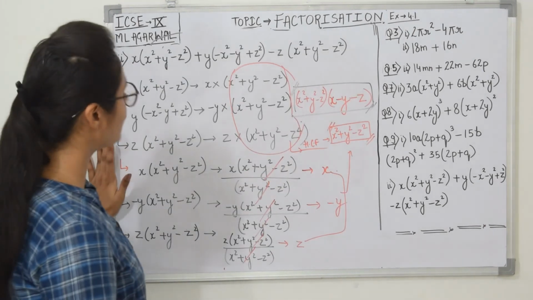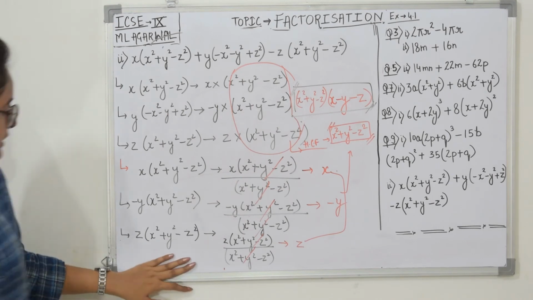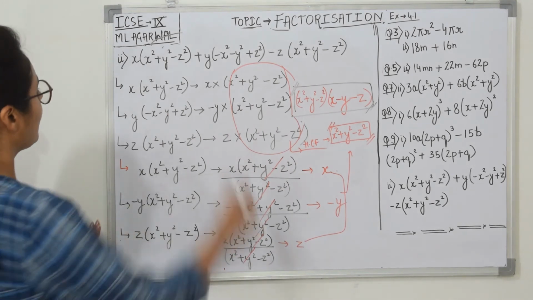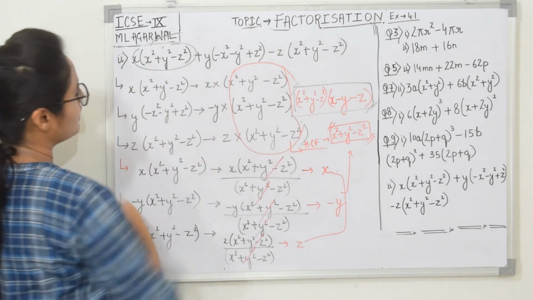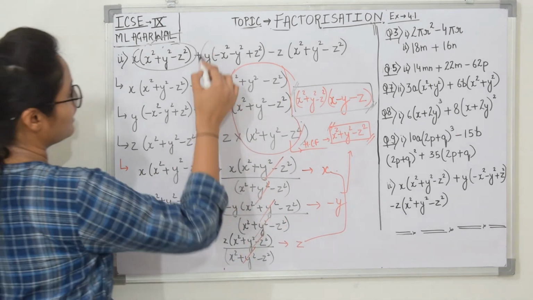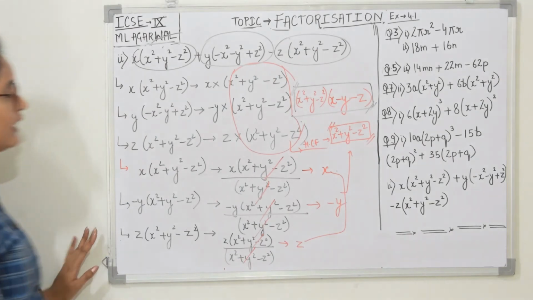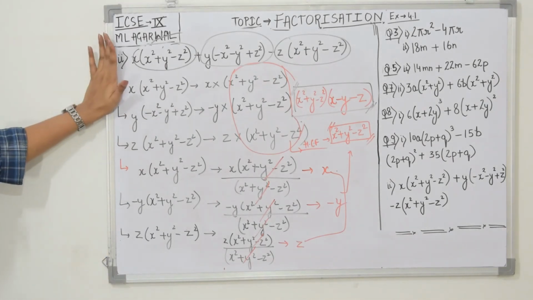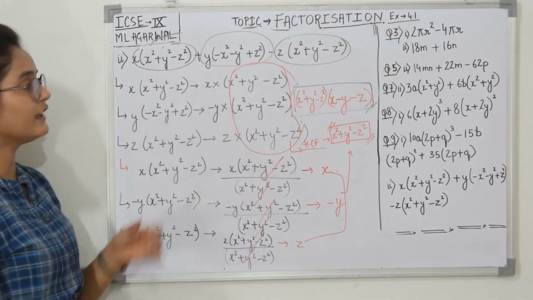Okay, let's begin with the last question, and this question also seems little bit typical, but this is not. Like, see, if you will look at this polynomial we are having x square plus y square minus z square inside the bracket as one term, this one as second term, and this one as third term. Okay, so now considering them separately, the only thing which is making a difference here is your sign.